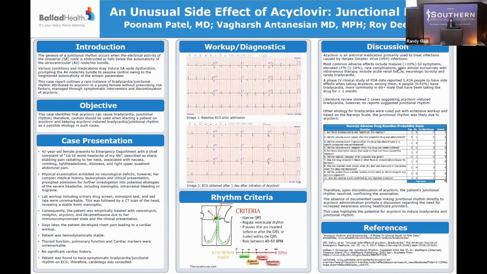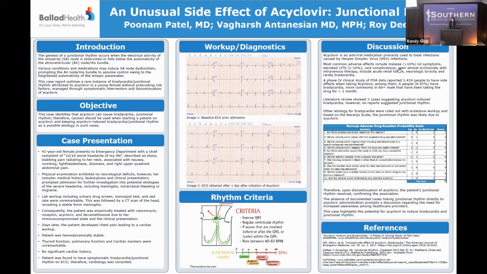We did a CT head without contrast that showed a stable 9mm meningioma. While considering a broad differential, we included meningitis, migraine, or intracranial hemorrhage. We started her on empiric treatment, including vancomycin, Rocephin, acyclovir, and dexamethasone.